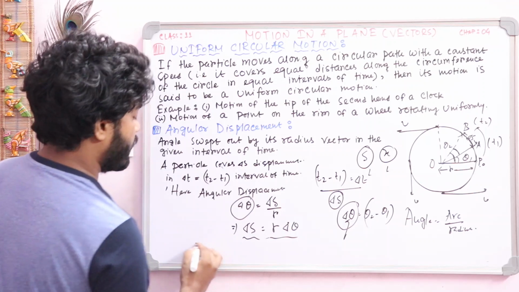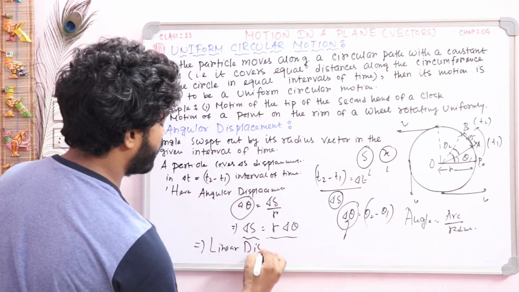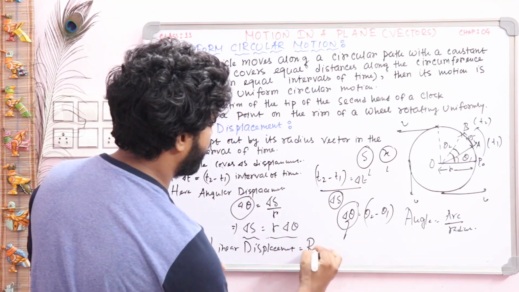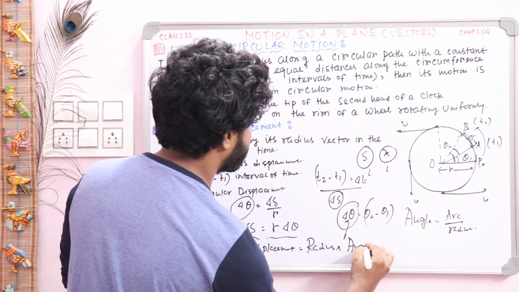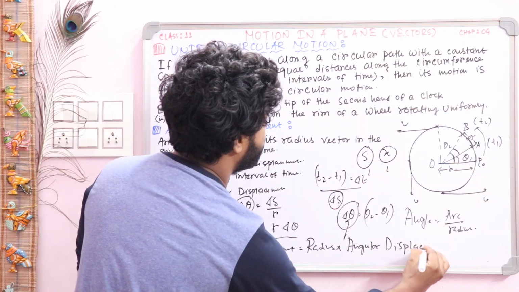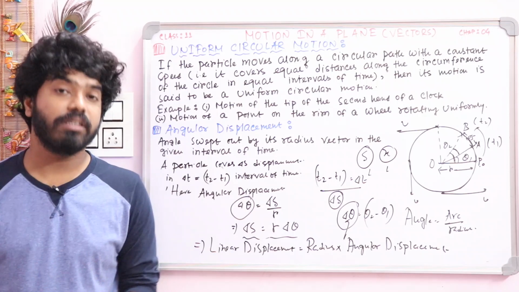So write it down, linear displacement is equal to radius into angular displacement. So this is the relation between linear and angular displacement.